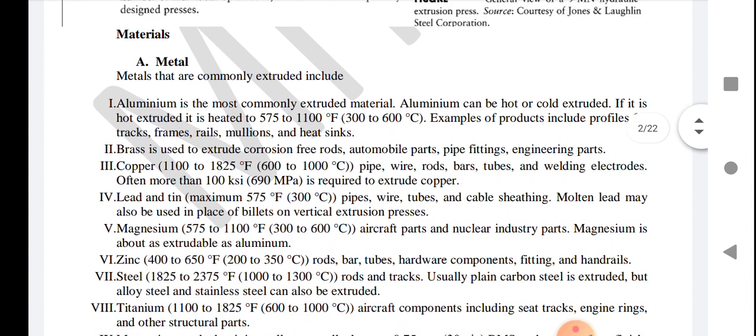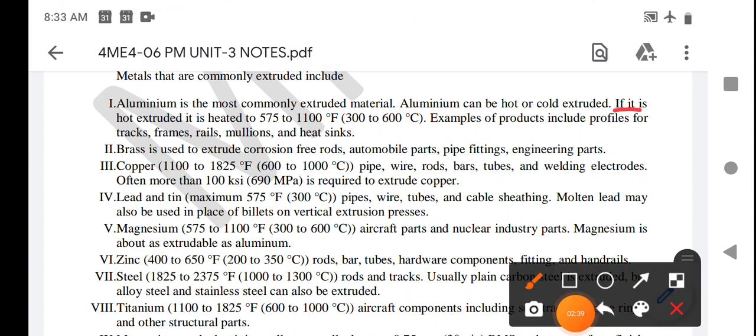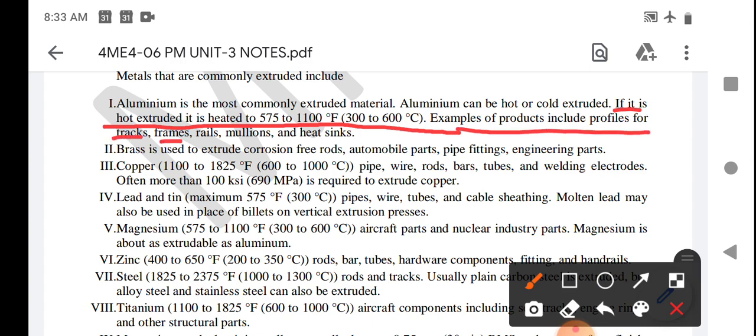Aluminum can be hot or cold extruded. If it is hot extruded, the temperature is 575 to 1100 Fahrenheit. Examples of products include profiles for track frames, rails, mullions and heat sinks.